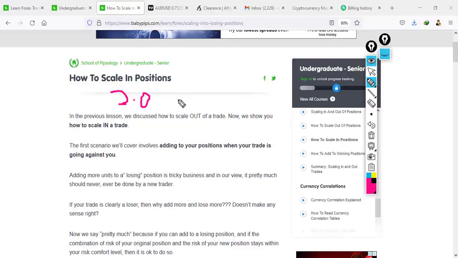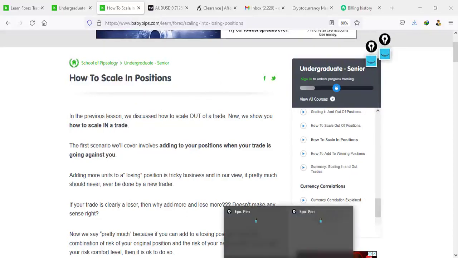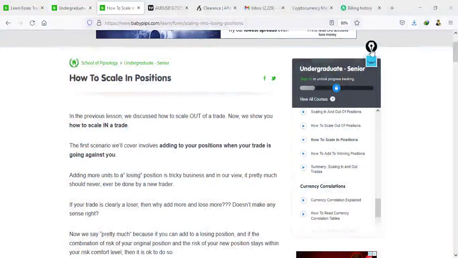And in that place, before it says close, reduce your lot size from 2.0 to 1.0, and you have closed half of this position. Then move your stop loss to your entry, and you let only 1.0 lot run in the market. By so doing, you will be in the trade risk-free, and you would have scaled out of your position.